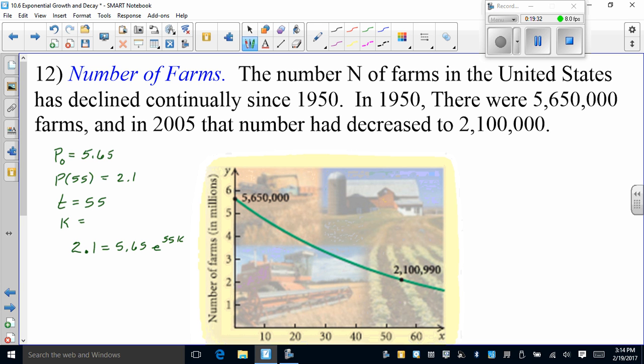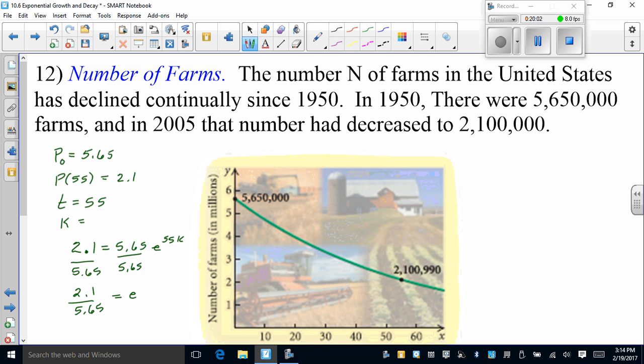Divide by 5.65. So we get 2.1 over 5.65 equals e to the 55k.